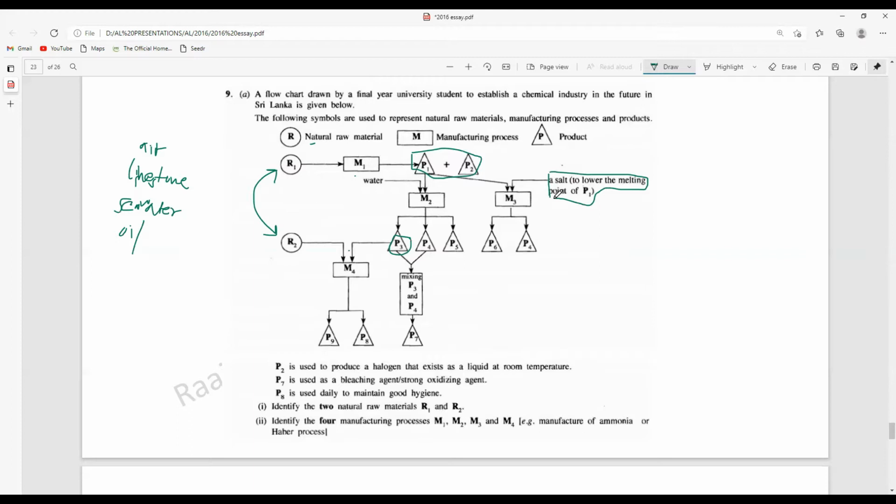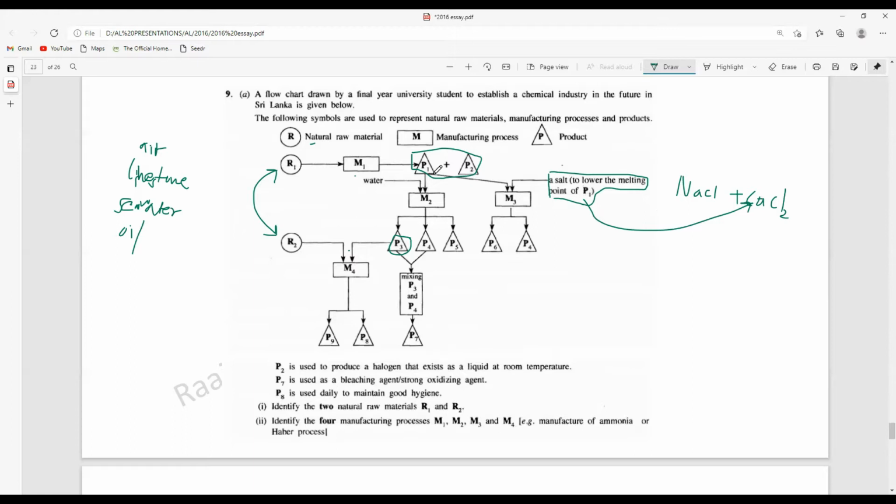In the extraction of sodium, for an example, we normally use the electrolysis of fused NaCl, and since the melting point is very high, we use it with calcium chloride to decrease the melting point. So this salt here is surely calcium chloride.